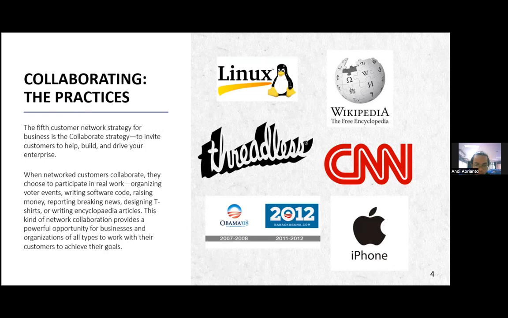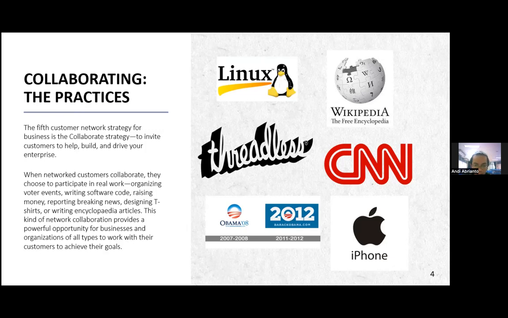With its program CNN iReport, the channel invites viewers to contribute ground-level journalism by uploading photos, videos, and eyewitness reports from anywhere in the world. By inviting thousands of citizen journalists around the world, CNN has expanded the reach of its news gathering from the level of national and regional bureaus down to the street level, eyes and ears.